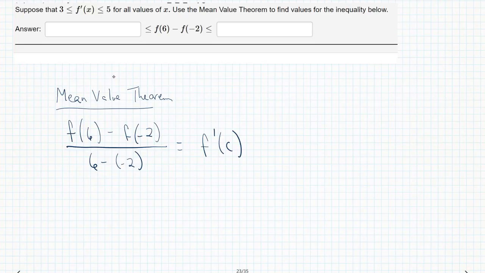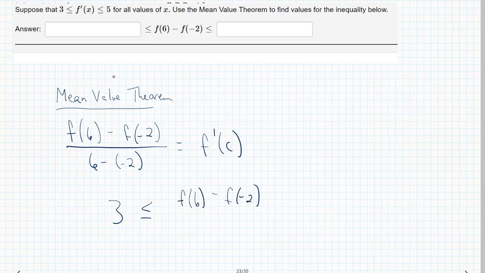Well, if we know it's bounded, what we can actually say then is that, hey, if the derivative is bounded, we know 3 is less than or equal to f of 6 minus f of negative 2 all over 6 minus negative 2. And so the mean value theorem on this interval, I should say, negative 2, 6. And this is less than or equal to 5.